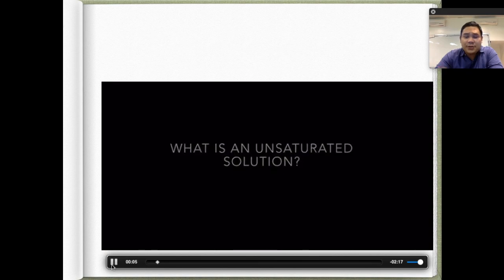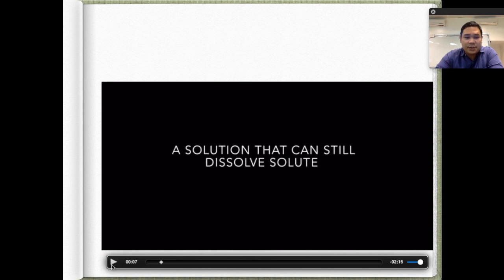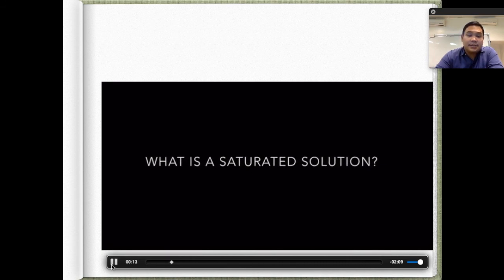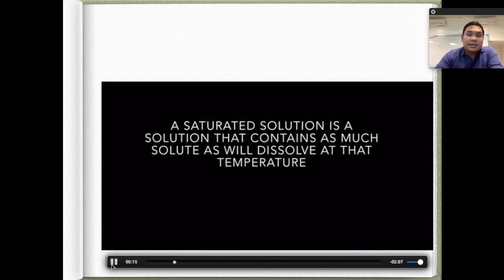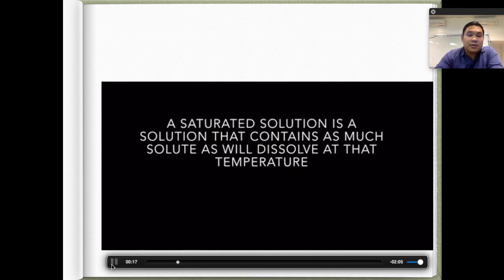What is an unsaturated solution? Let's have first a definition. It is a solution that can still dissolve solute. Now, what is a saturated solution? It is simply a solution that contains as much solute as will dissolve at that temperature.